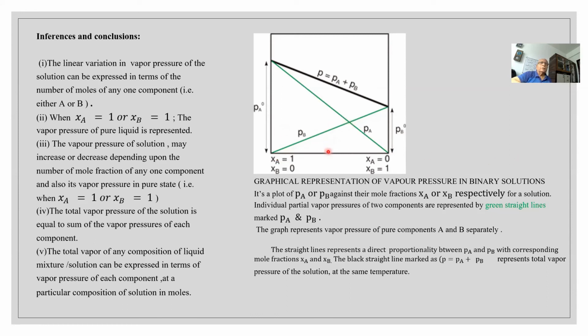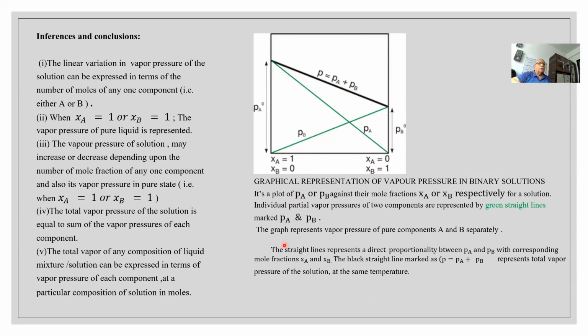With the mole fraction, we can find out the total pressure P by just adding the partial pressure of PA and PB. We can find out the partial pressure of PA and PB here from the graph and add them. So that gives the total.